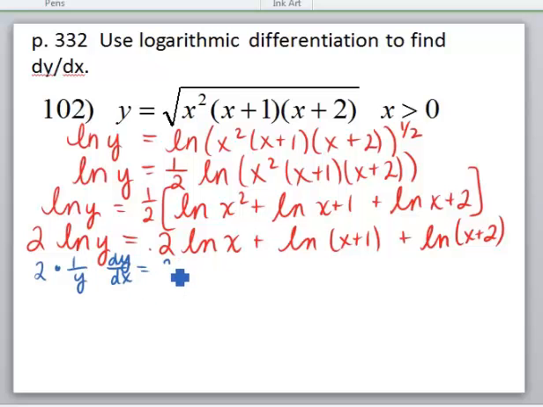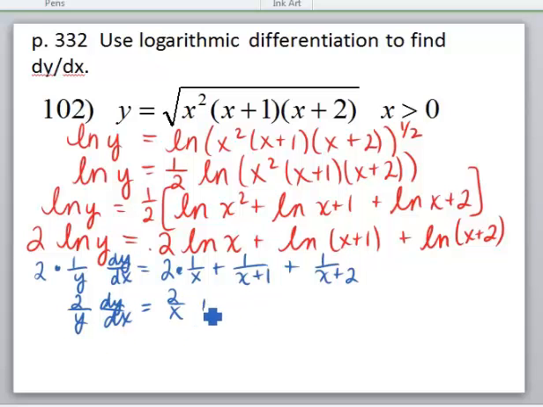This is equal to 2, and then this would be times 1 over x, plus the derivative here is 1 over x plus 1, plus the derivative here is 1 over x plus 2. So now what I really have is 2 over y dy over dx is equal to 2 over x plus 1 over x plus 1 plus 1 over x plus 2.